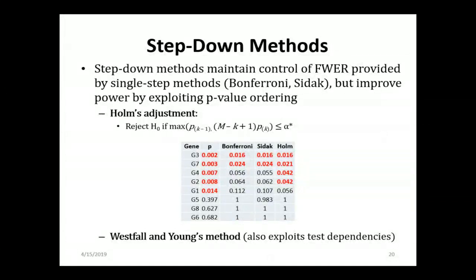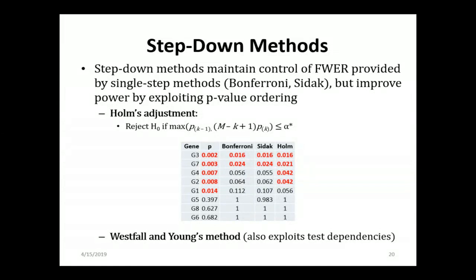SIDAK does just about the same as Bonferroni, though if you look at the p-values side by side, you can see that the p-values from SIDAK are generally a tiny bit smaller than the Bonferroni ones. So it is a bit more powerful, but in this case, it's not powerful enough to actually give us more significant genes. Holm, by contrast, preserves 4 out of the 5 genes, and happens to control the family-wise error rate just as well as Bonferroni does.